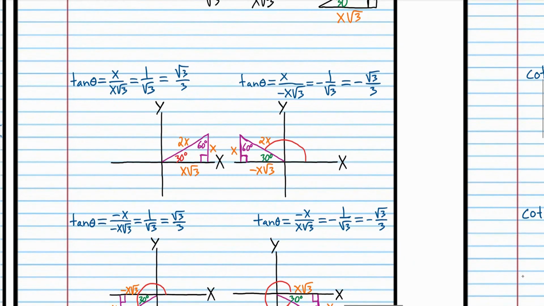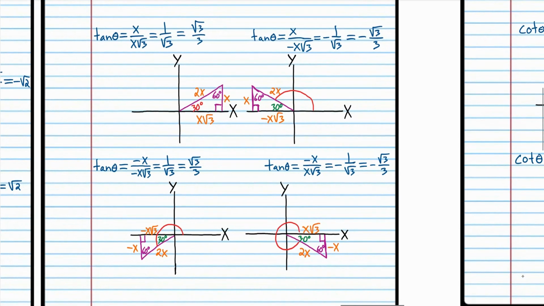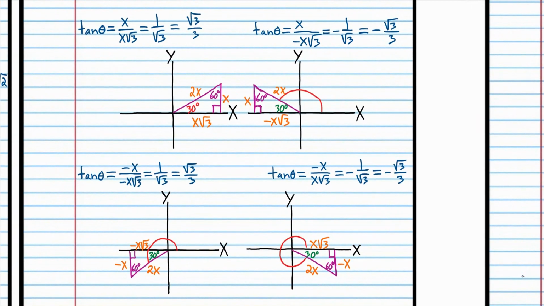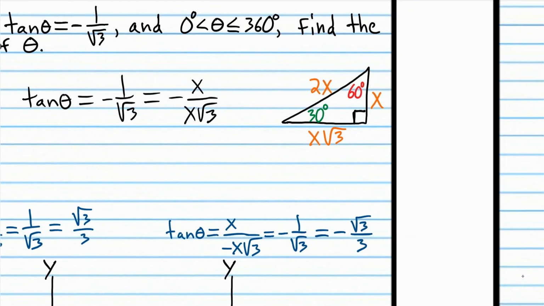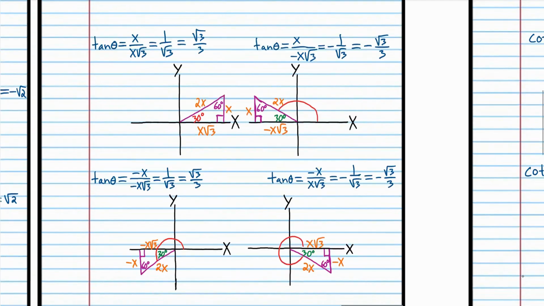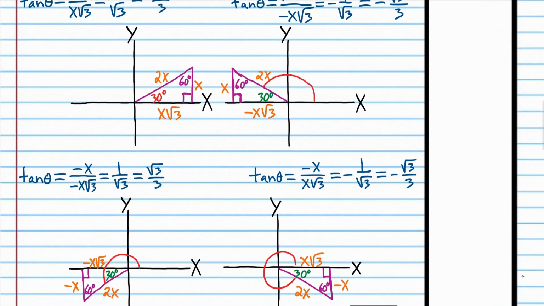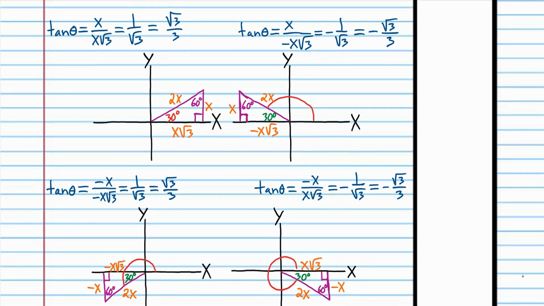So now we place a 30, 60, 90 degree triangle in every quadrant, and 30 is the reference angle because, again, the opposite side is x, so 30 is the reference angle. So placing these triangles in each quadrant with the reference angle equal to 30 degrees, we have all these possibilities.